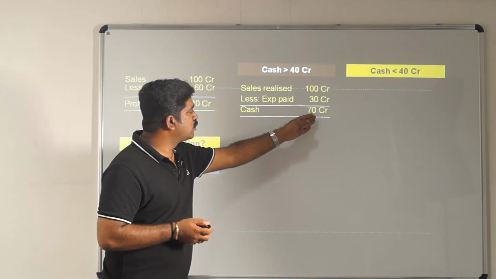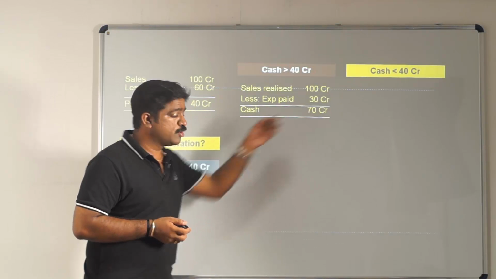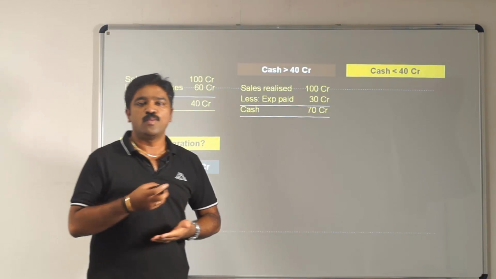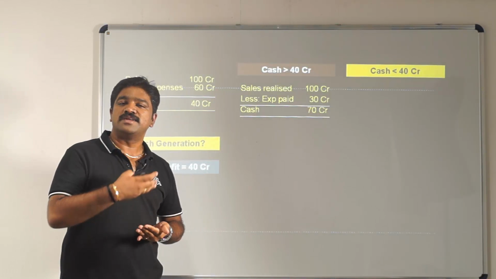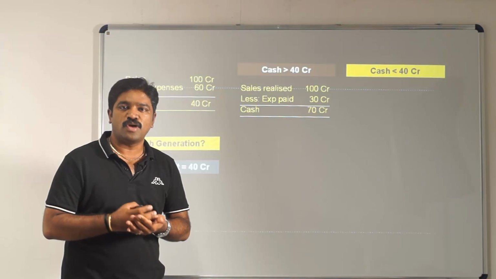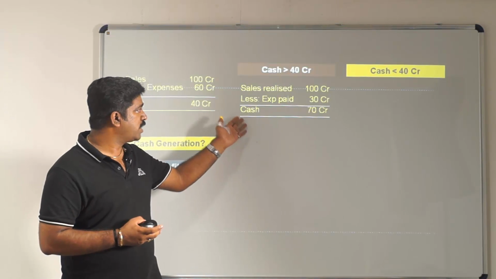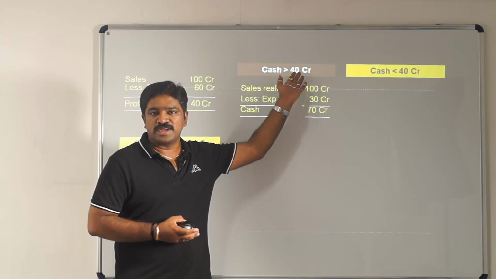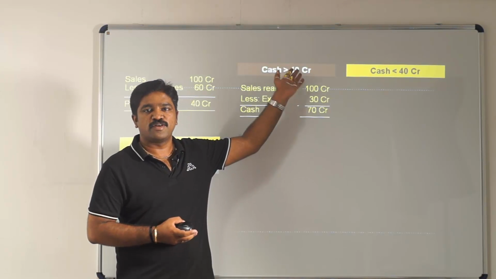It is 70 crore. Look here: profit is 40, whereas cash position is 70. Why is it 70? Because another 30 crore is not yet paid. So this is a scenario where your cash can be greater than the profit. Your cash generation will be greater than the profit of 40 crore.